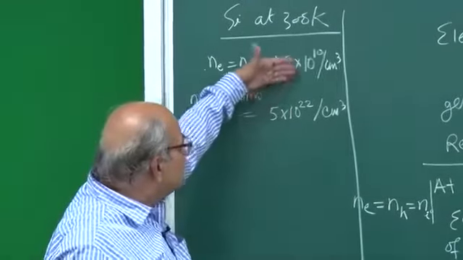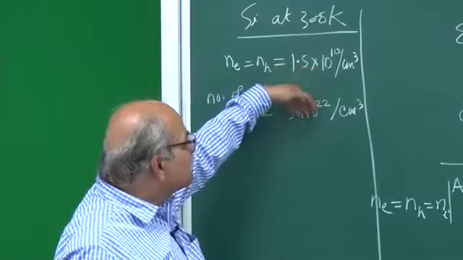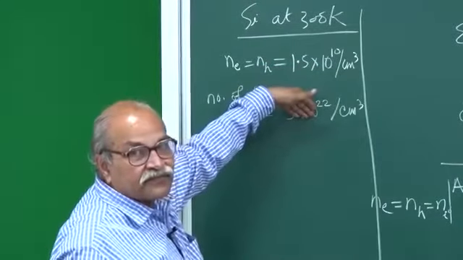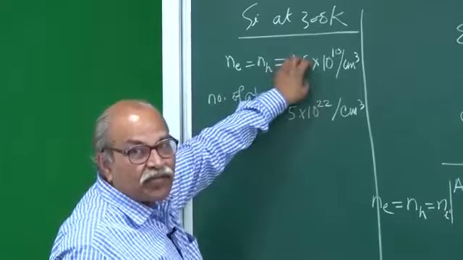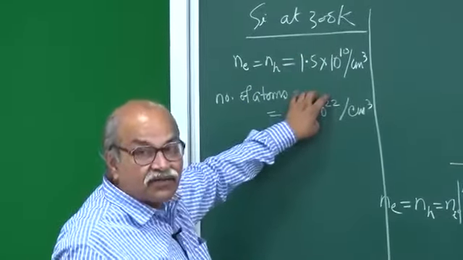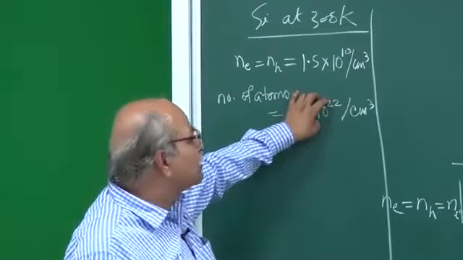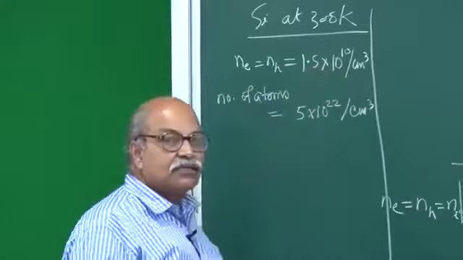So this is a ratio of about 1 in 10 to the power 12. One electron hole pair comes from 10 to the power 12 atoms. So it's a really small fraction, 1 part in 10 to the power 12.